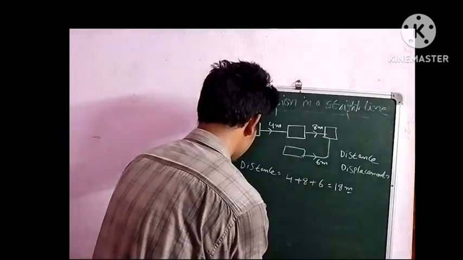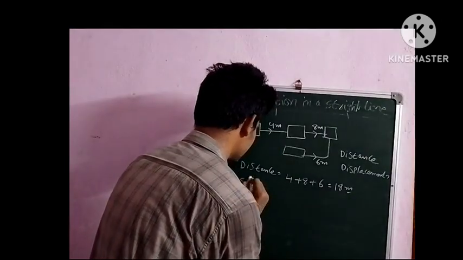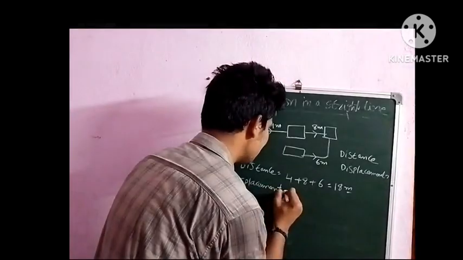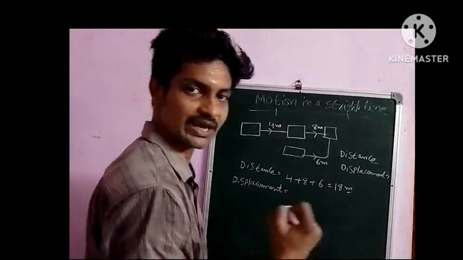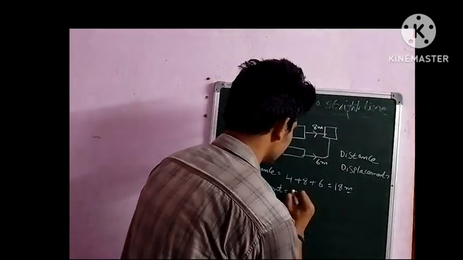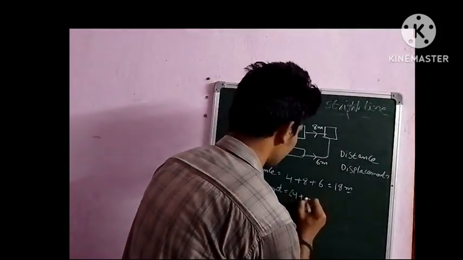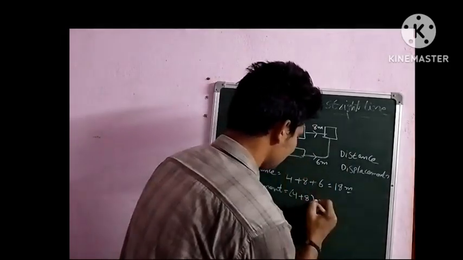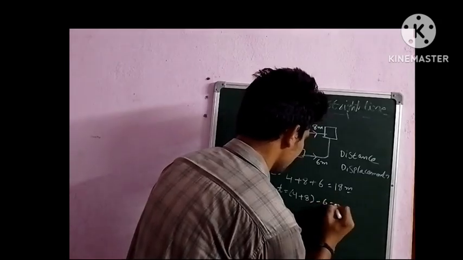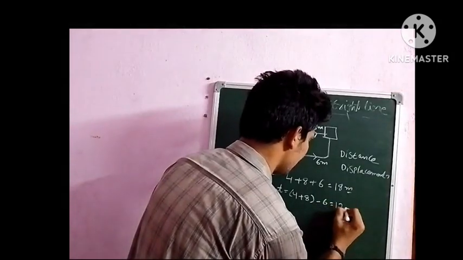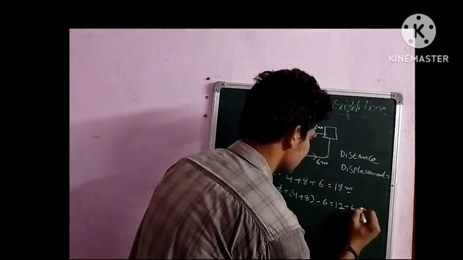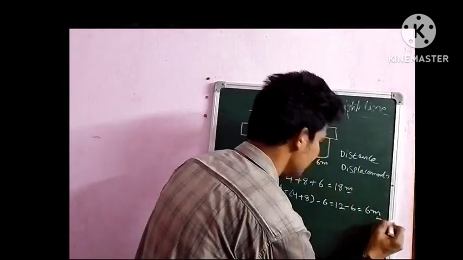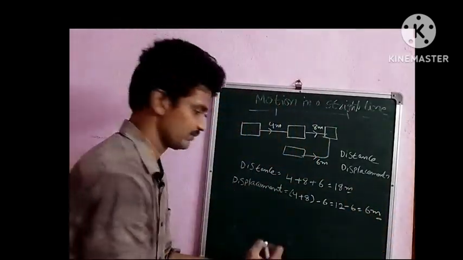Okay. Next, displacement. What is the displacement? Final position to initial position. 4 plus 8, then take the U-turn of 6. Total: 12 minus 6, that is 6 meters. This is the displacement.